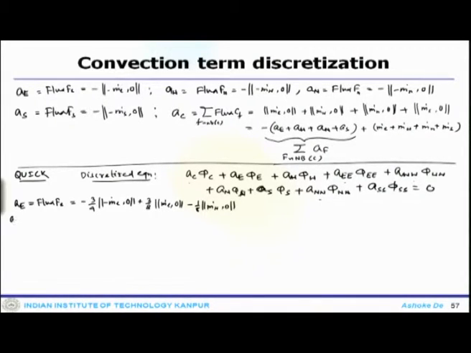Then A_W is similarly flux F_W, which you can write as minus 3 by 4 m_W 0 plus 3 by 8 m_W 0 minus 1 by 8 m_E 0.